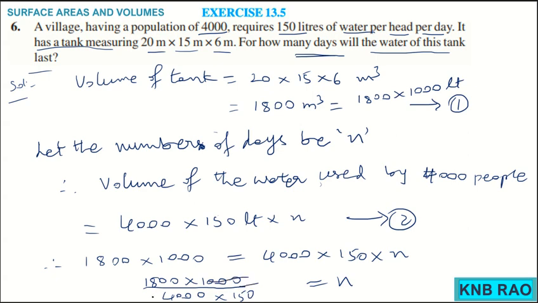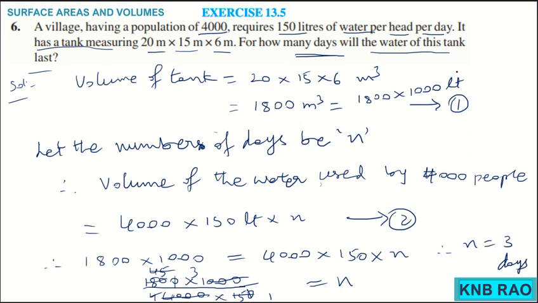So 1000 cancels with this 4000 for 4 times, this 0 cancels with this 0, and 4 cancels with this 180, 4 4s are 16 and 2 5s, and 15 cancels with this 45 for 3, thus n equals 3 days. So this is how we find.